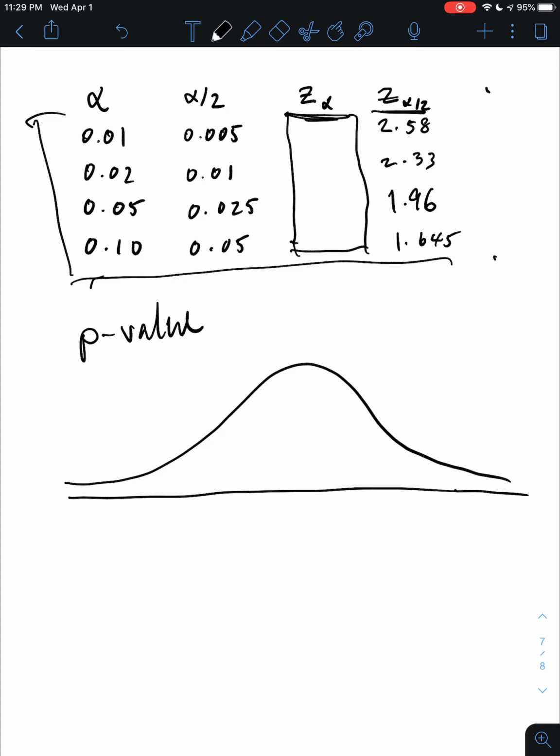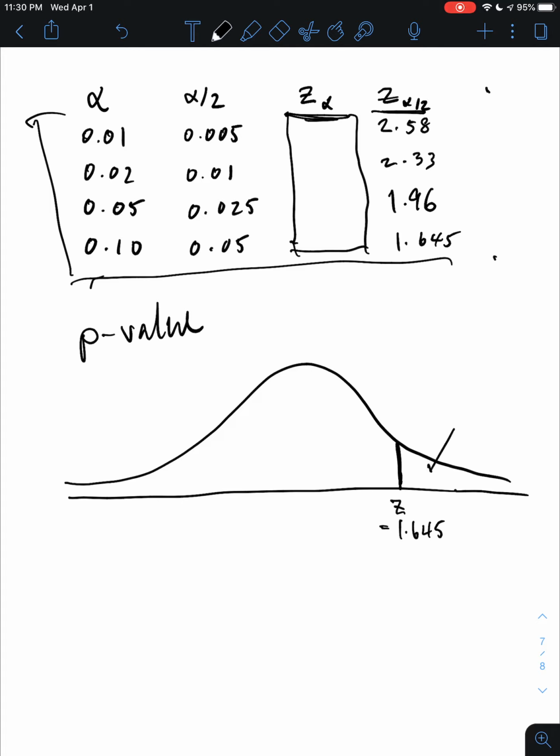So suppose I got a Z statistic that was equal to 1.645. How much probability is in this tail?